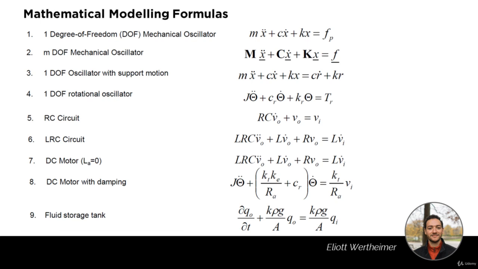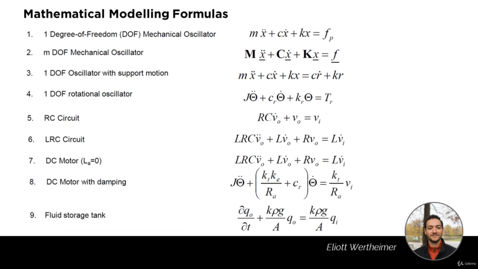In this last slide, I aggregated mathematical modeling formulas that occur very often, so are very common models or configurations in mechanics or electronics. So you can see you have an equation for a 1 degree of freedom mechanical oscillator, which we did and we studied ourselves.